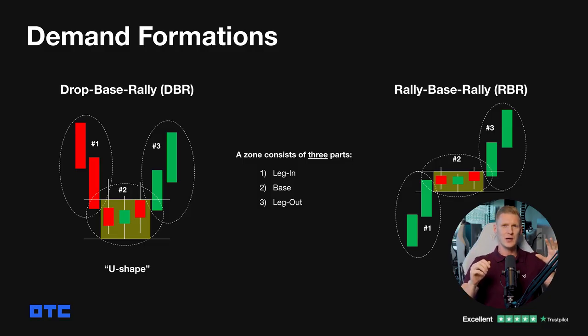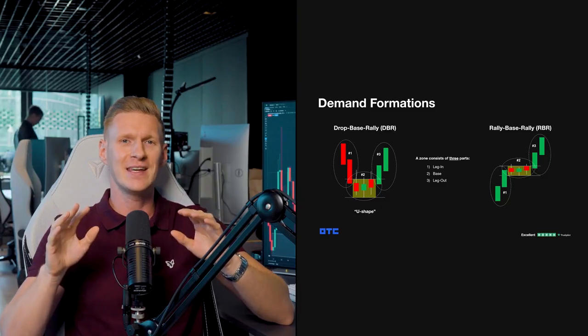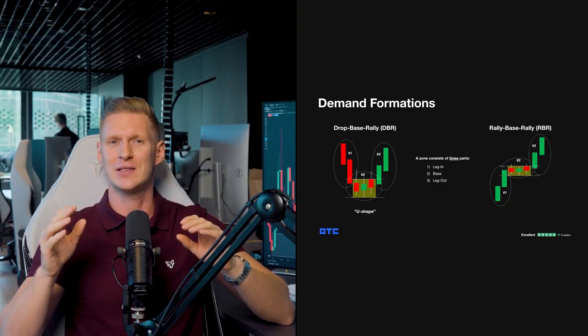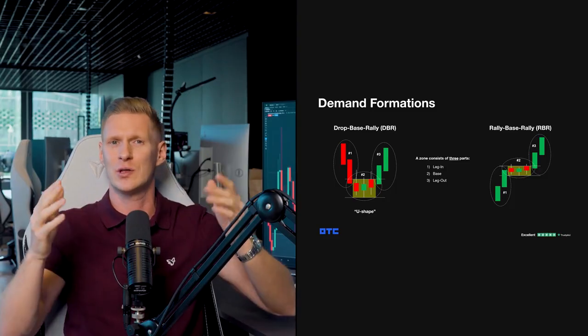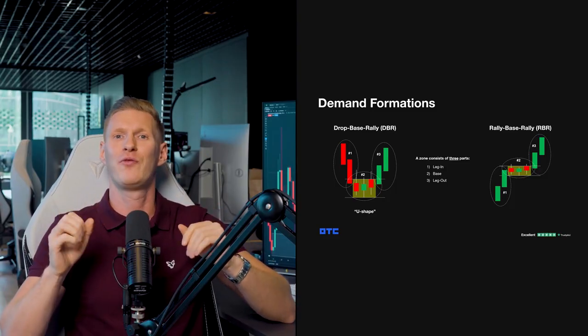A stronger, more explosive leg out signals a higher probability that institutional buyers or sellers have forcefully pushed price away from the base. Ideally, you will see large candles with bodies covering at least 70% of their total range, indicating powerful momentum.